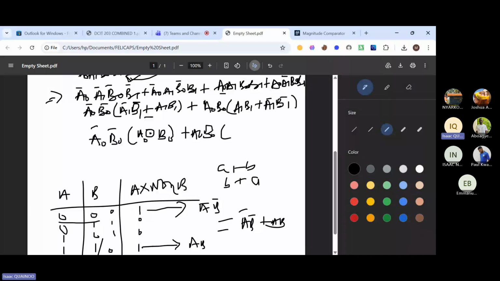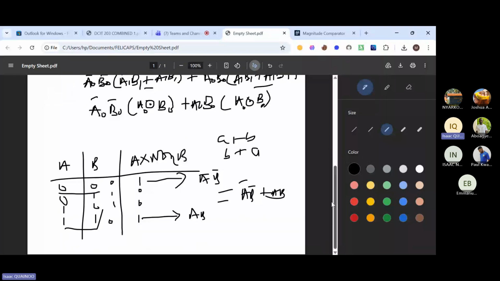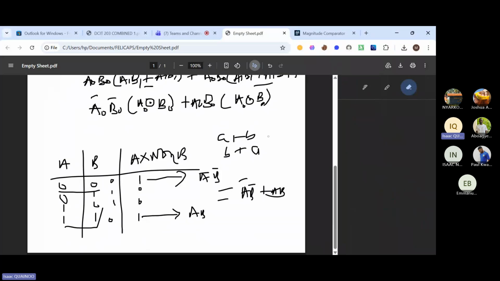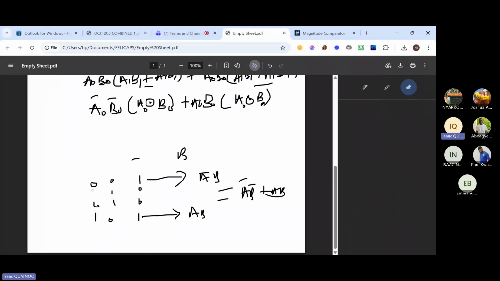It means that this right here can also be replaced with A1 XNOR B1. Again, can you see how the minimization is being performed? But after this, there is no need to actually know all the minimization process. I'm just illustrating it for informative purposes. After this, I'm going to show you a very simple rule that kills the hassle of performing all this minimization for the sake of examination.